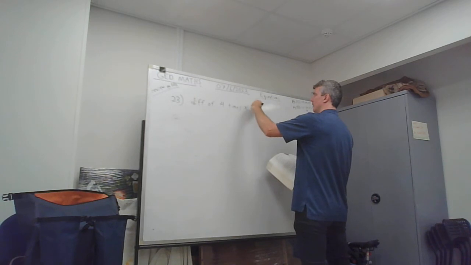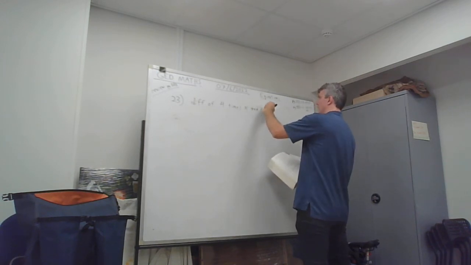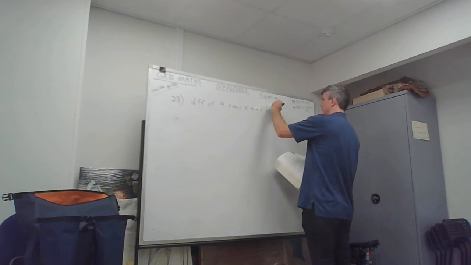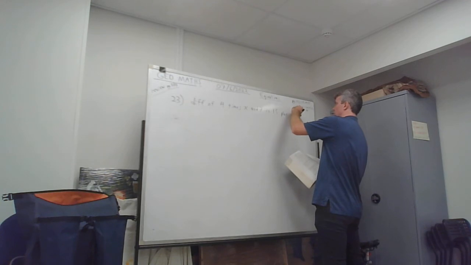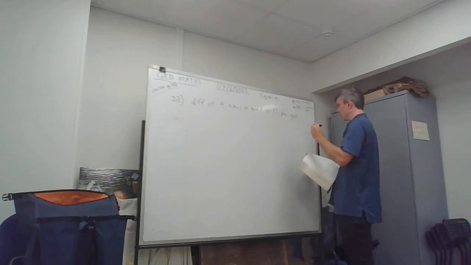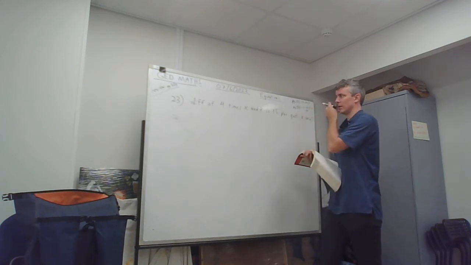and 7. Minus 7 is 15 plus the quotient of the number and 3. Okay. x over 3.